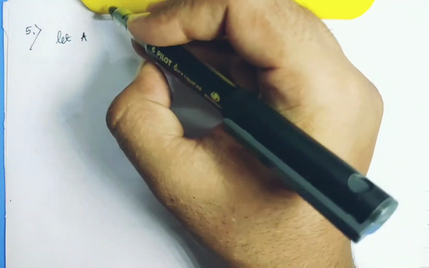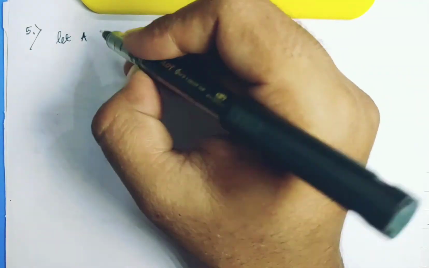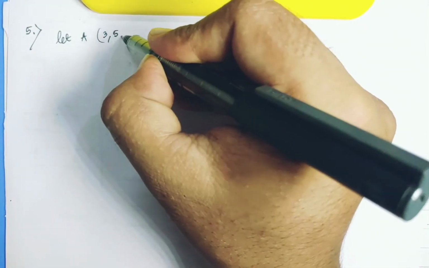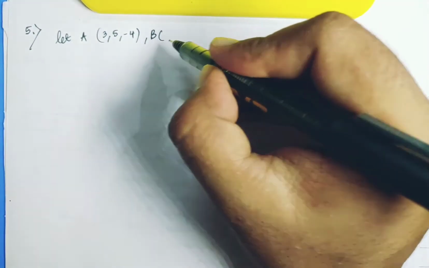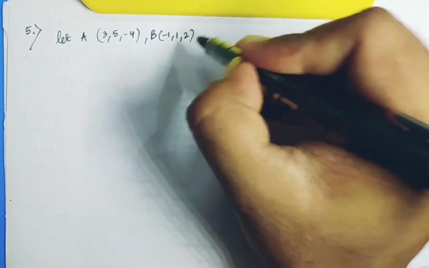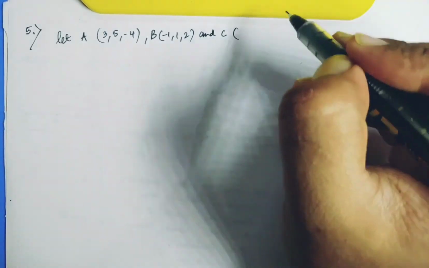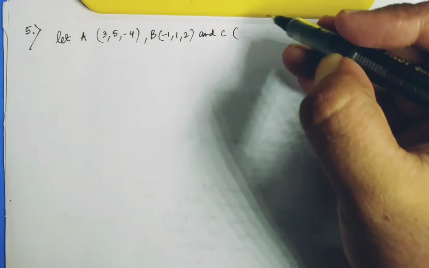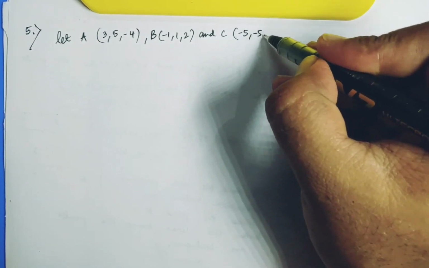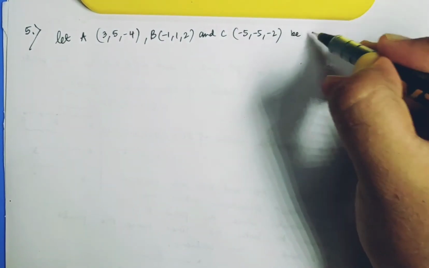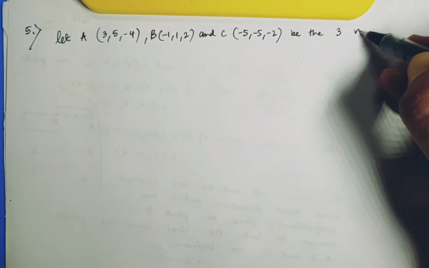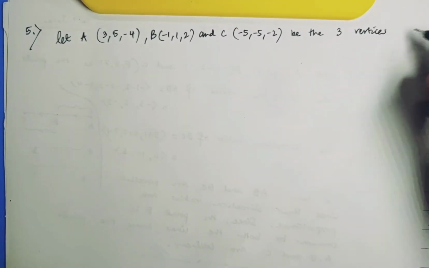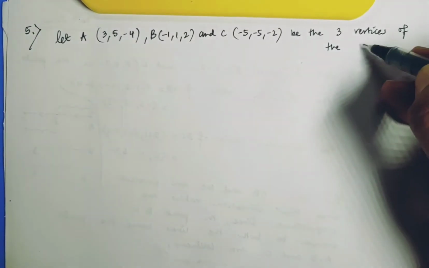Let A 3, 5, minus 4, B minus 1, 1, 2 and C minus 5, minus 2 be the 3 vertices of the triangle.